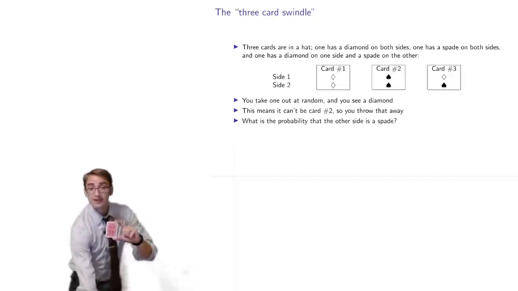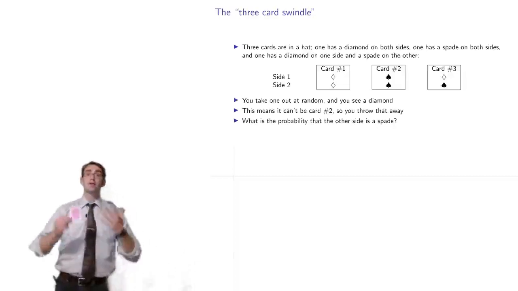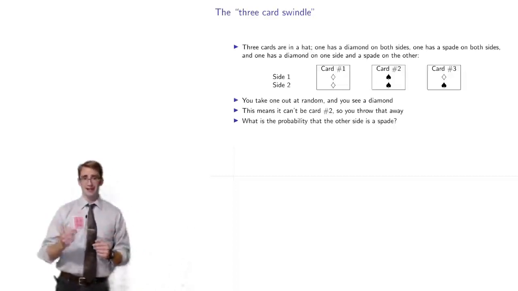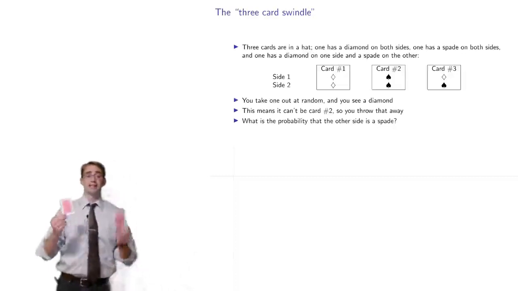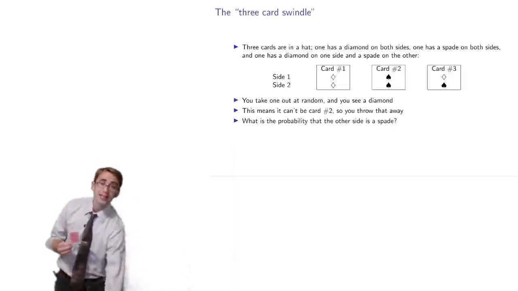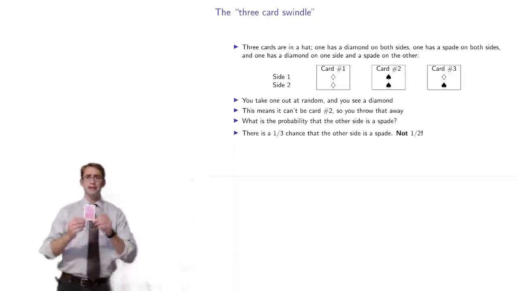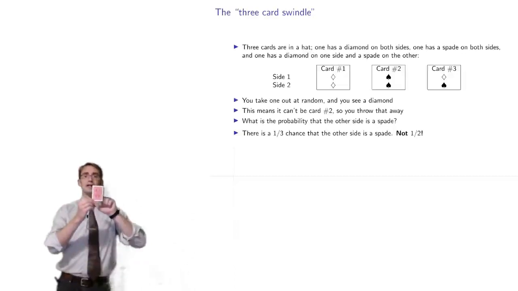It's intuitive to say that, well, I started with 3 cards. I ruled out one of them. So therefore, I've got 2 choices left. And so there's a 50-50 chance that I'm holding either the red and blue card or the red and red card. That's the tempting way to look at things. It's also unfortunately wrong. In fact, the probability that the other side of this card is blue is not 1/2.